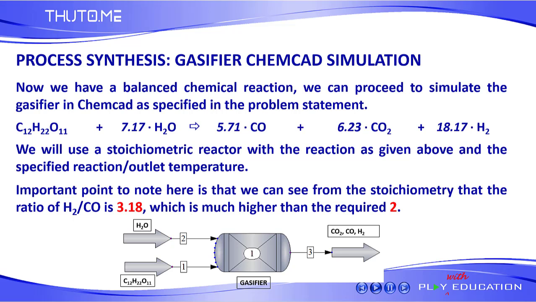Or you will use H2 as it is. It is a valuable product. You can use it either as a fuel source within the process, or you can sell it as it is to balance your economics. In this design, we will proceed with the water gas shift to shift the excess amount of hydrogen towards making more CO.